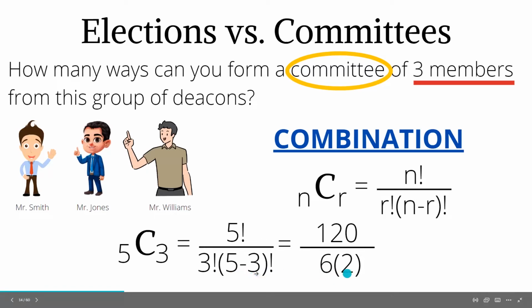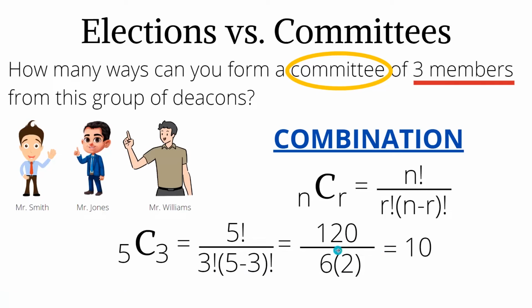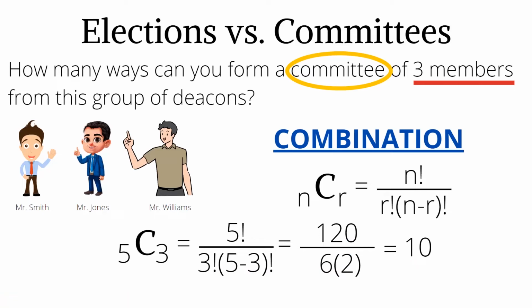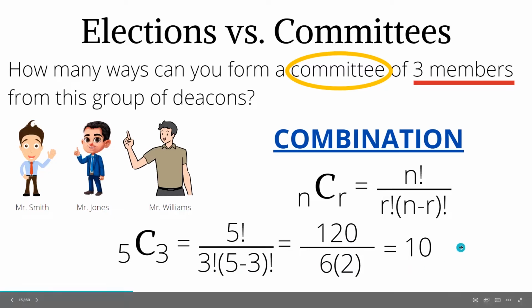And 2 factorial is just 2. So when we simplify this, we get 10, because that's 120 on the top divided by 12 equals 10. So there's really only 10 combinations of 3 people. Okay, so now keep all of that in mind.